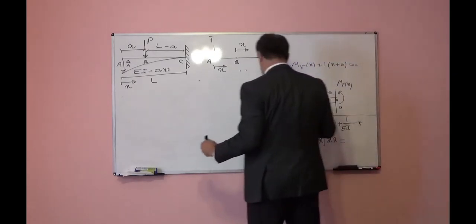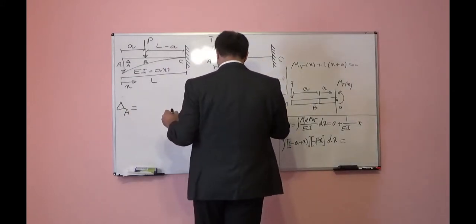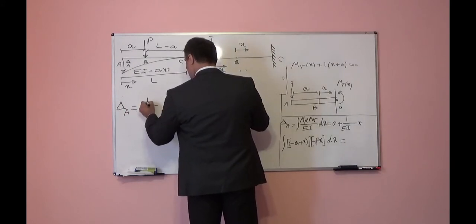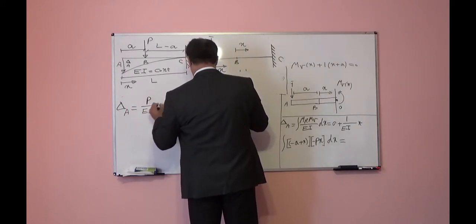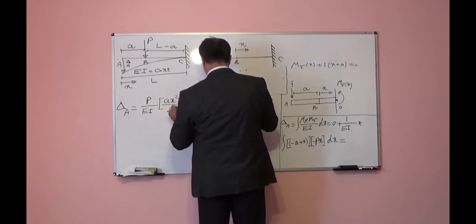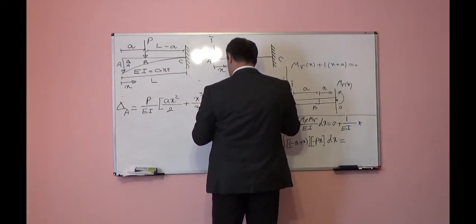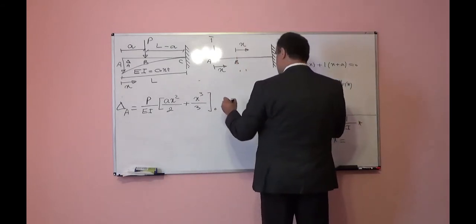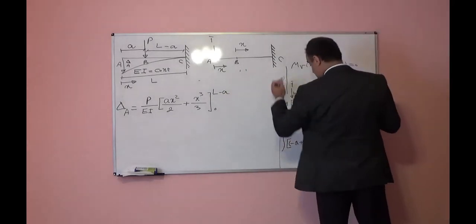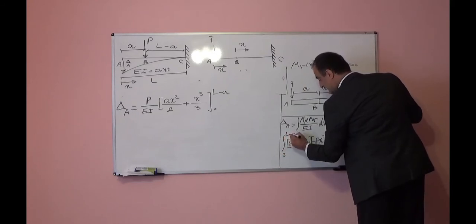So delta A will be equal to P over EI times a x squared over 2 plus x cubed over 3 from 0 to L minus a, because this part is from B to C, so integration will be from 0 to L minus a.